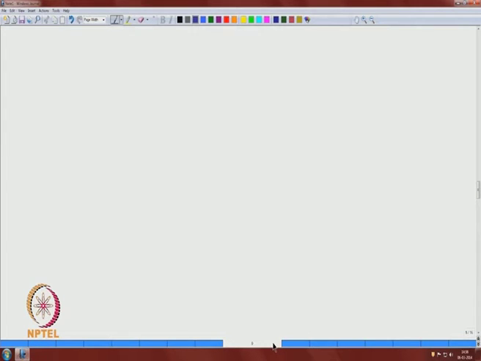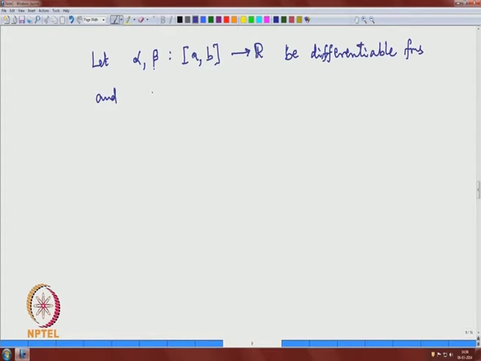Now, again let alpha, beta from some interval [a, b] to R be differentiable functions, and f is a function of two variables.